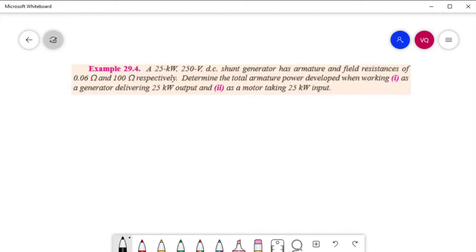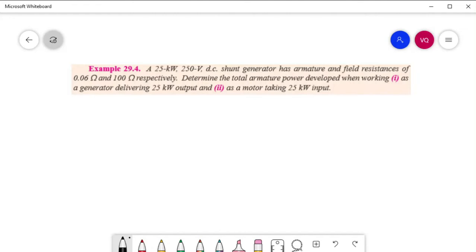Next example: a 25 kilowatt, 250 volt DC shunt generator has armature and field resistances of 0.06 ohm and 100 ohms respectively. Determine the total armature power developed when working as a generator delivering 25 kilowatt output and as a motor taking 25 kilowatt input.